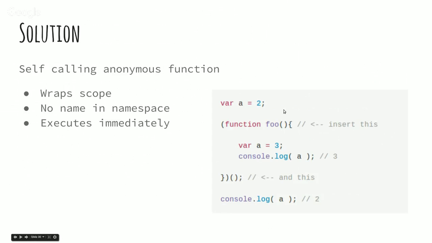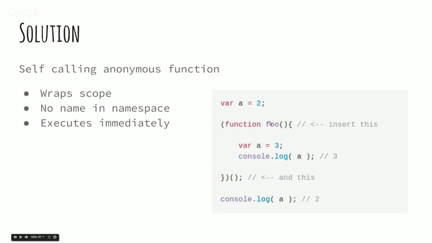By adding an open paren before your function, a paren after your function, and then the little calling parens after that, you create a self-calling function. It's going to declare itself, and once it's finished declaring, it's going to execute itself.